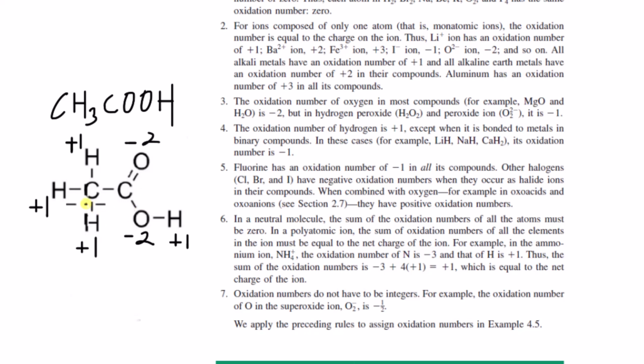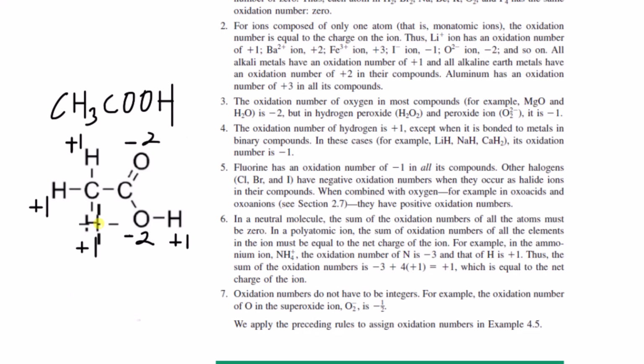So if there's any way whatsoever that we can have oxidation numbers on these two carbons, even if they're different, and then at the same time you've got the rule for hydrogen obeyed, and the -2 for oxygen obeyed, and the sum rule, then that's going to be the oxidation state.